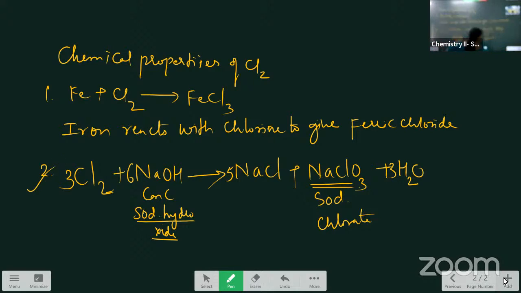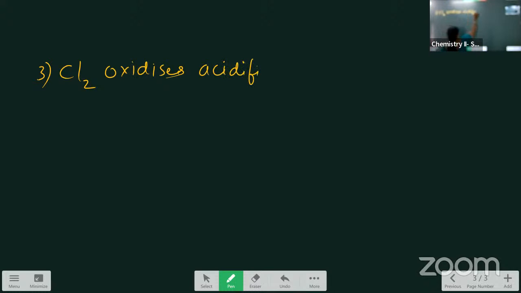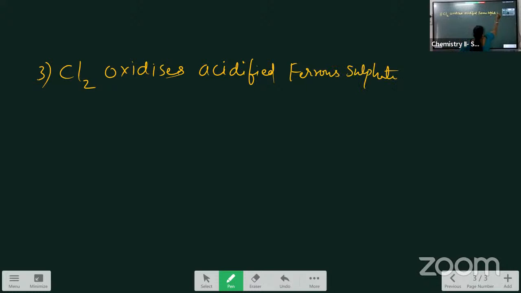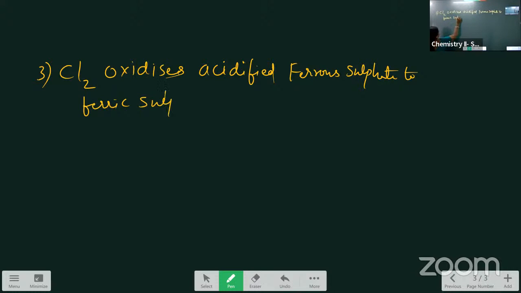Next reaction. This is the third reaction. Cl2 oxidizes acidified ferrous sulfate to ferric sulfate. Acidified means in the presence of acid.